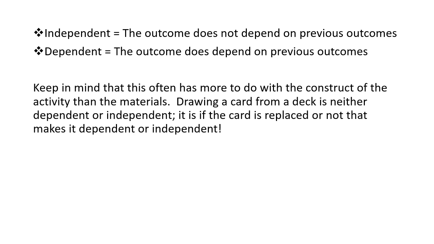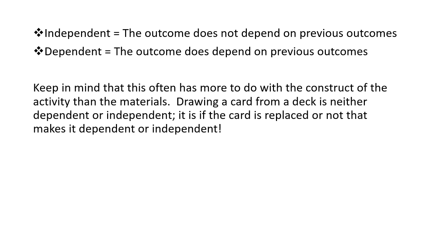So one of the things I wanted to bring up is that it's not the physical construct of the problem that really dictates if it's dependent or independent. If I have those marbles in that jar, that's neither inherently dependent or independent. It's what I do with the marbles, specifically if I replace them back or not, that makes it a dependent or independent trial.